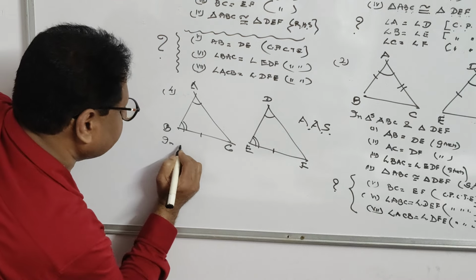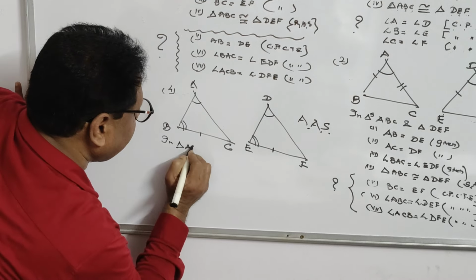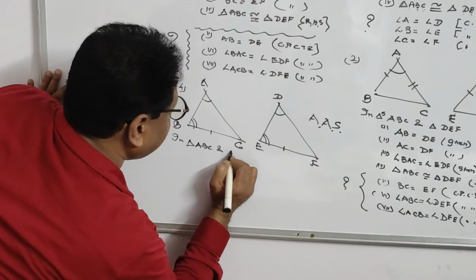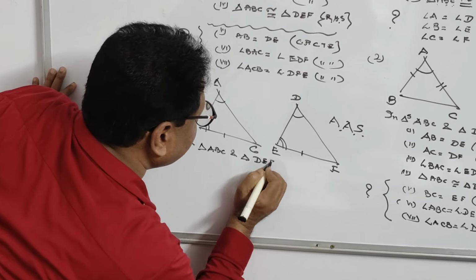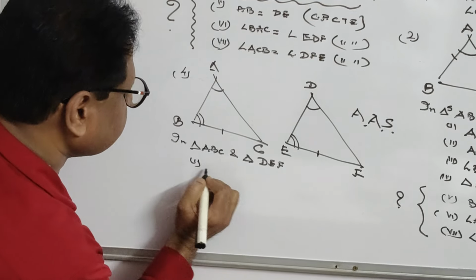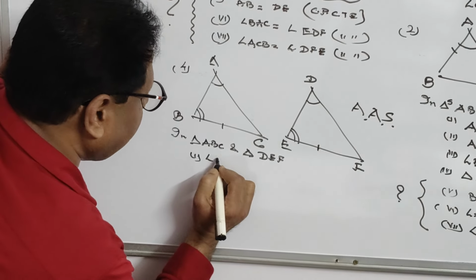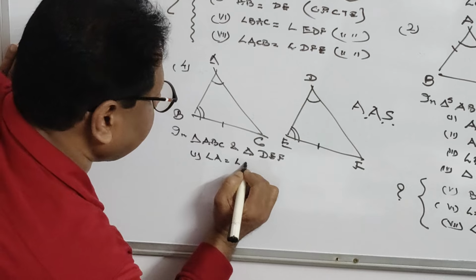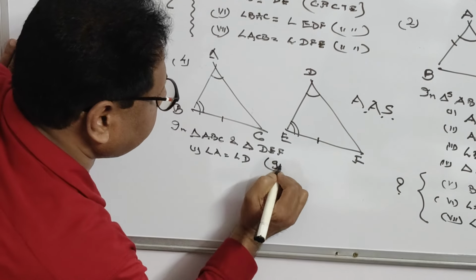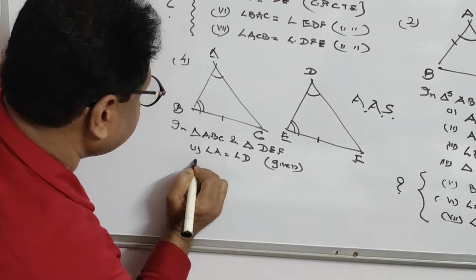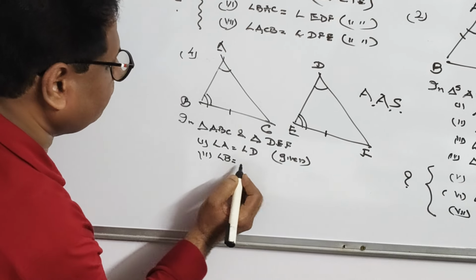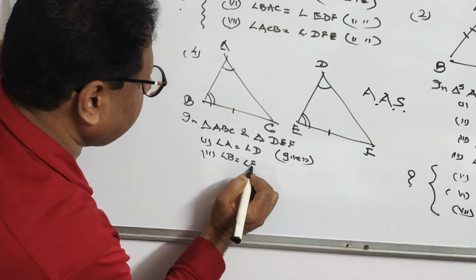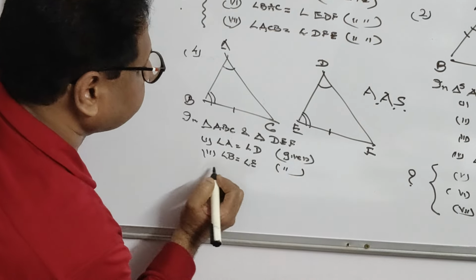So again, pair up the triangles in triangle ABC and triangle DEF. First, angle A equals angle D. This is given. Second, angle B equals angle E. That is also given.